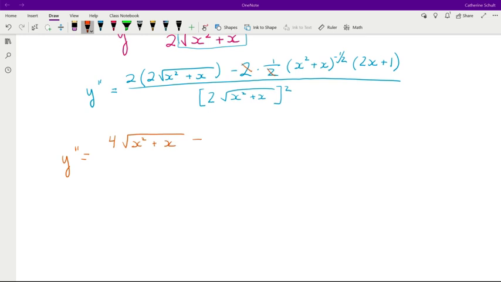Then 2x plus 1 is on the top, and we have the square root of x squared plus x on the bottom. On the denominator, 2 squared is 4, x squared plus x, the square root and squares cancel each other out. That's crazy, right?